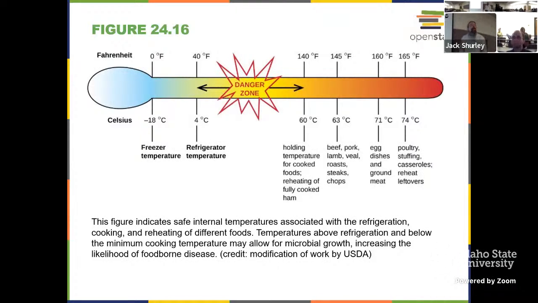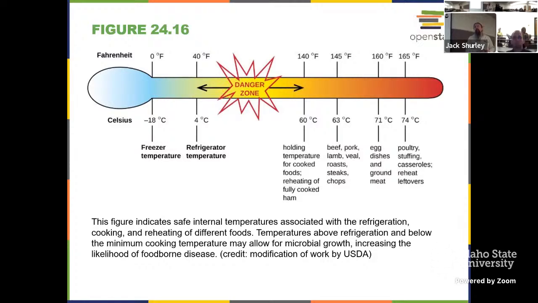We talked about some mechanisms for dealing with microbes in the first place. That was second exam, I believe, maybe it was the third, where we talked about temperatures, cooking things, pasteurizing, steam sterilization, freezing something or refrigerating something.